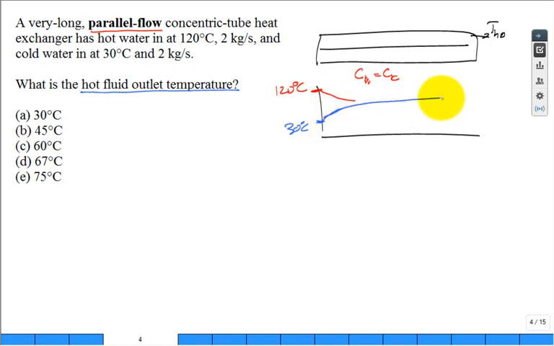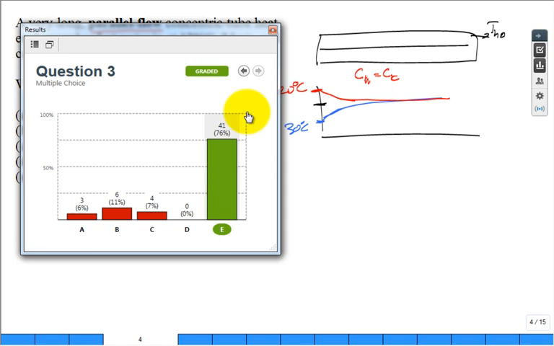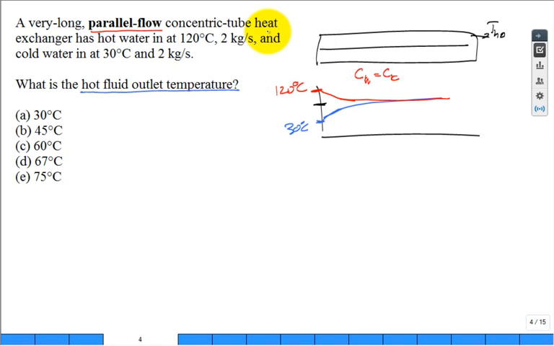And they kind of do this exponential where they come out at the same temperature, don't they? And the same temperature probably is 75, halfway between. You add the 30 and 120, divided by 2, 75. Let's see if your intuition for a lot of us is correct, right? Let's do it with the math.